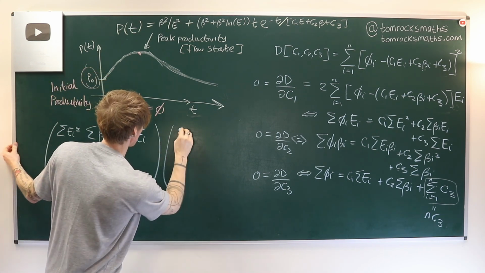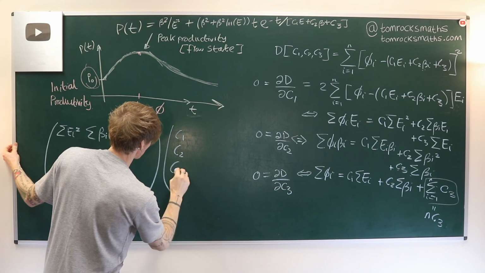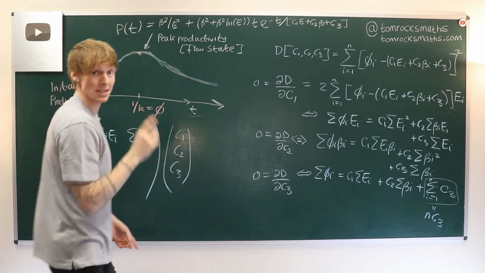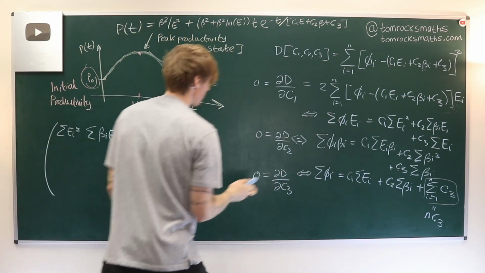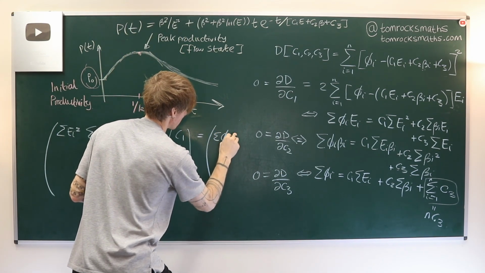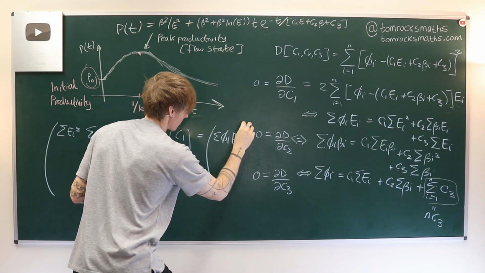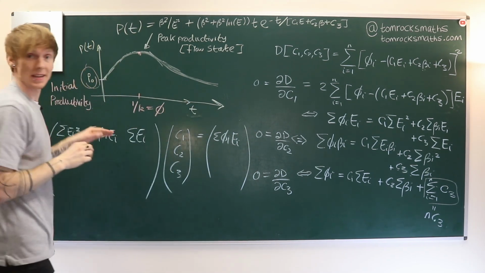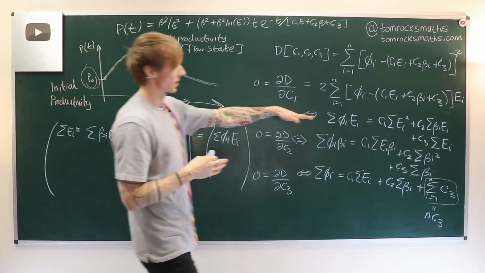So it's all of that times C1, C2, C3, and that has to be equal to the sum of the phi_i times E_i. And then that's the first row, that's our first equation.